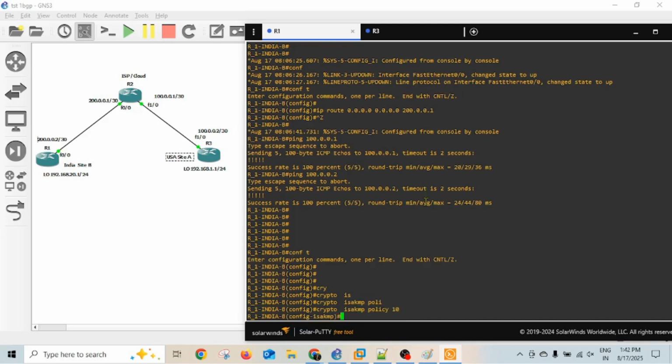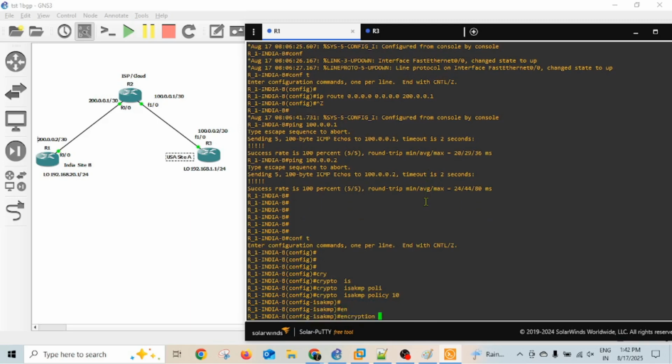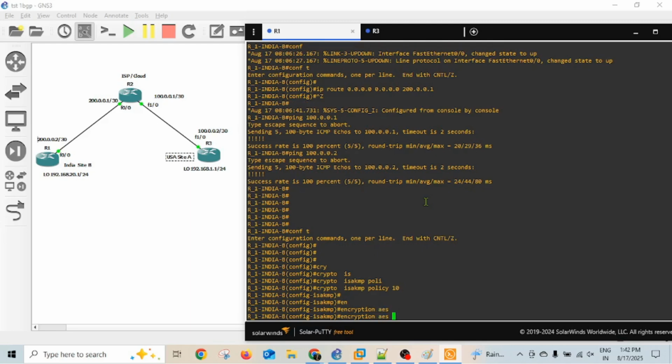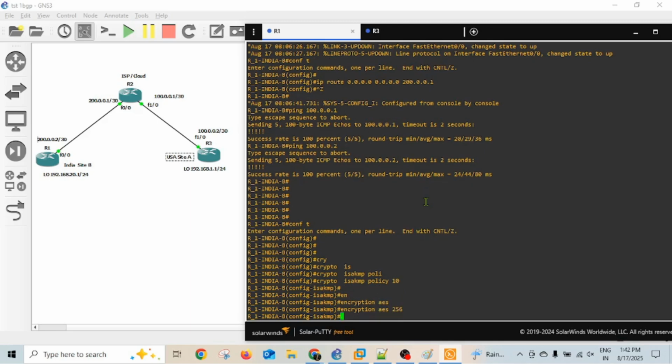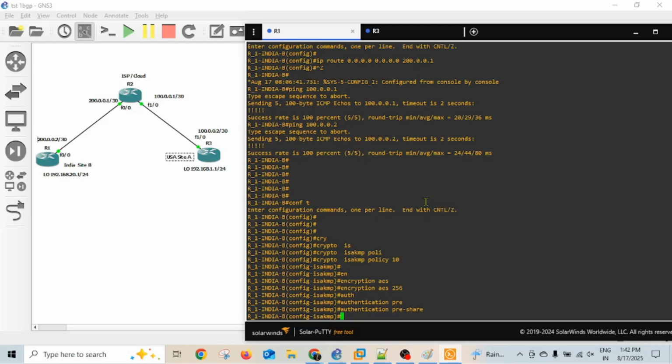So in the policy, we have defined the encryption, 256. It's an algorithm. And authentication, if we talk about authentication, it's pre-shared key.